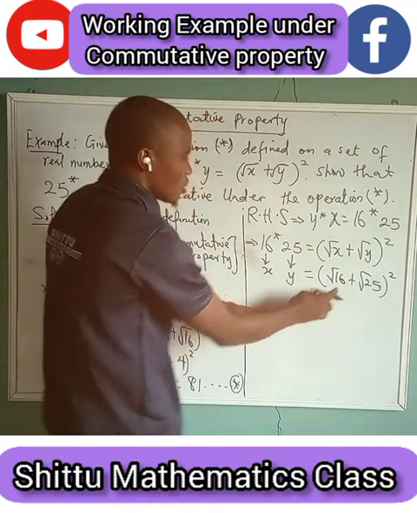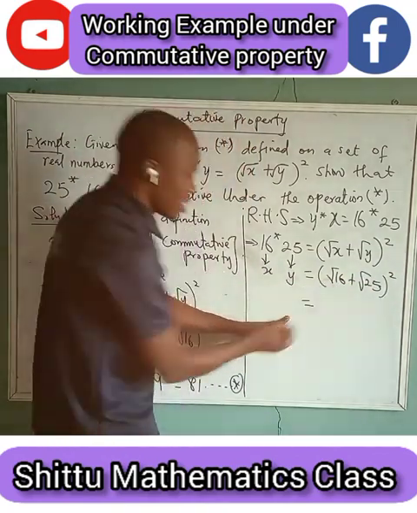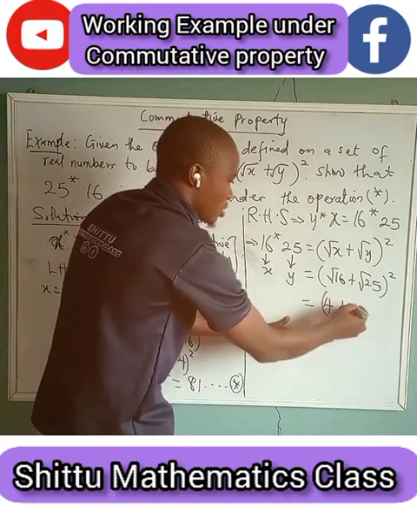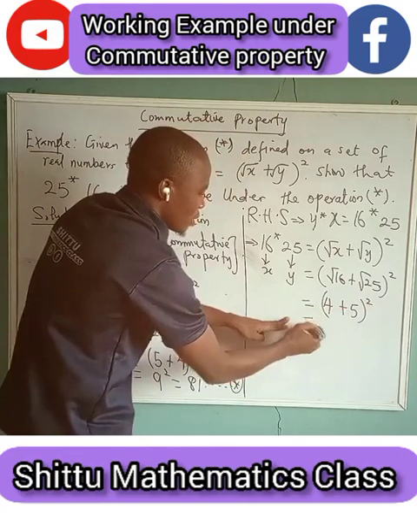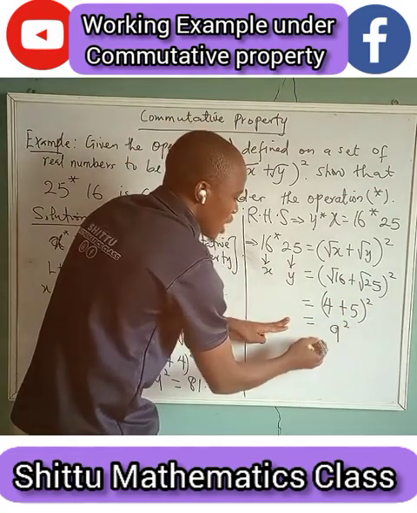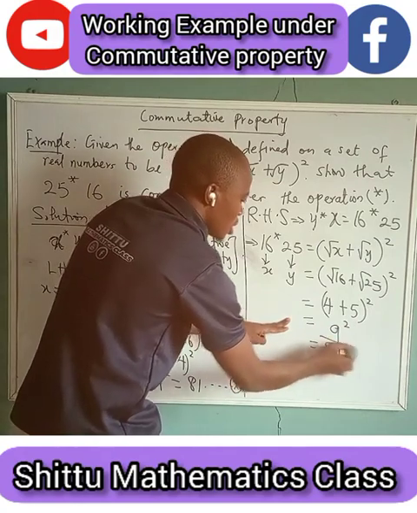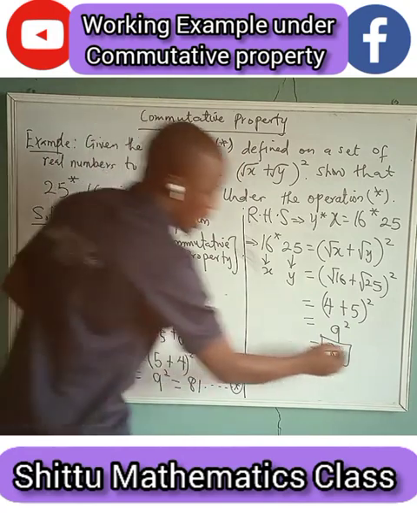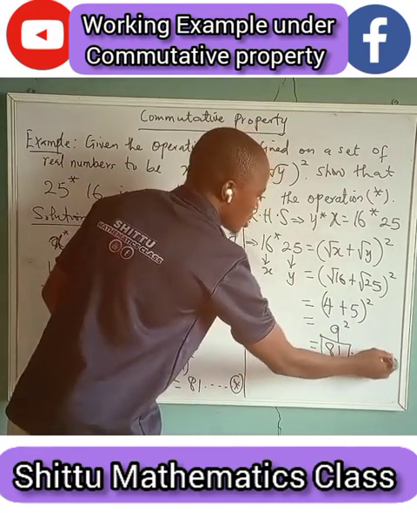Root 16 is 4 plus root 25 is 5, all square. Then we have 4 plus 5 to be 9 to power 2, and 9 to power 2 is the same thing as 81.